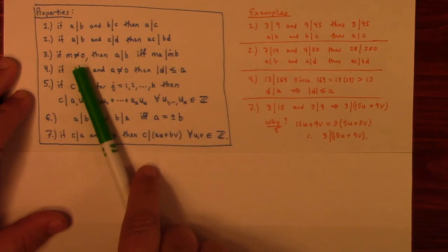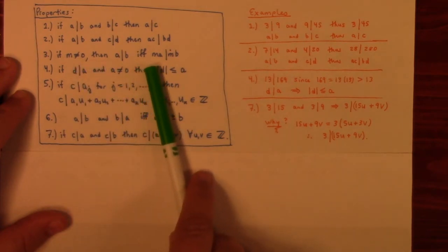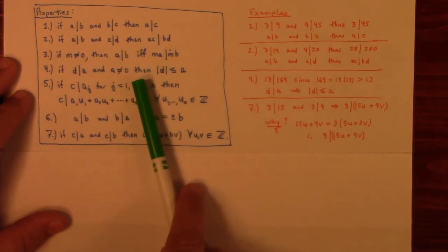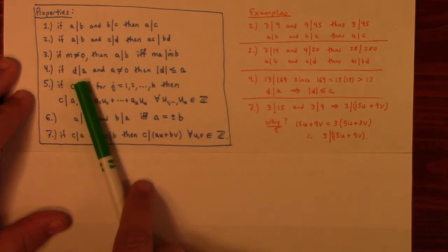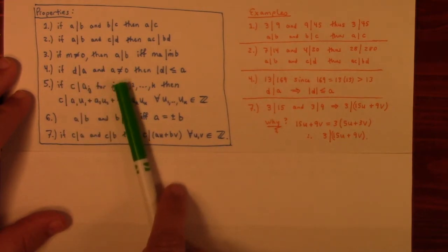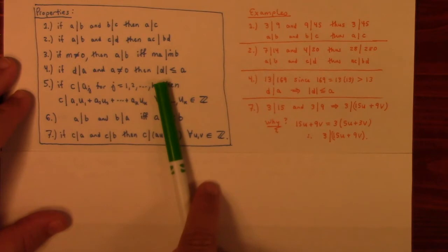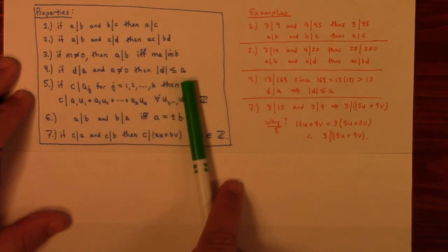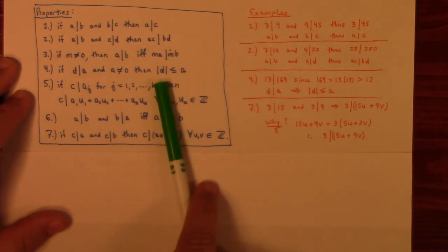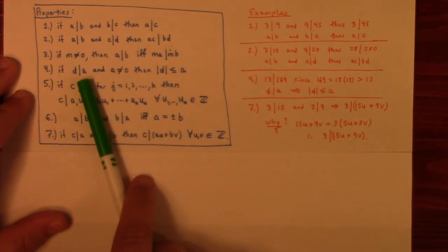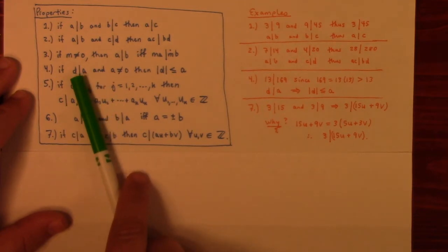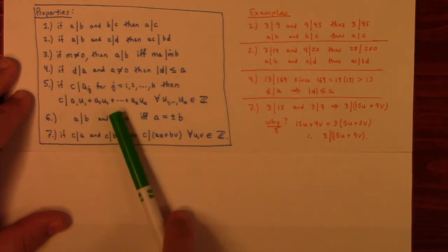3. If m is not equal to 0, a divides b if and only if ma divides mb. This is sometimes useful. 4. If d divides a and a is non-zero, then the absolute value of d is less than or equal to the absolute value of a. So the magnitude of a divisor is necessarily less than or equal to the number which it divides. Okay? Equality can come when d is equal to plus or minus a, right?